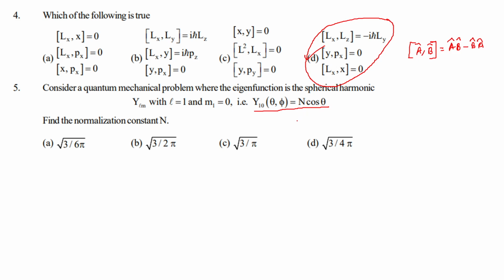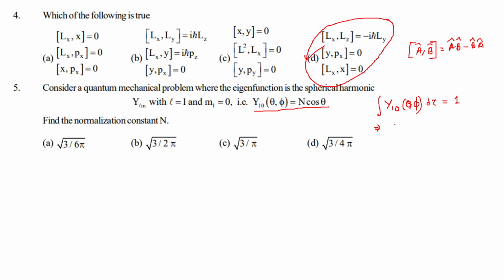Now we have to find the normalization constant. If I have to find the normalization constant, then I have to apply the normalization condition, right? The wave function depends on both theta and phi, but you can see only cos theta is given, the phi part is missing. So you need to do an integration over this volume element, and that should be equal to 1.